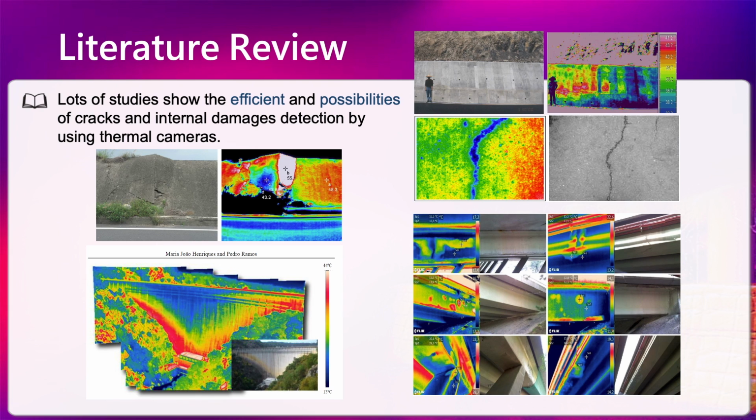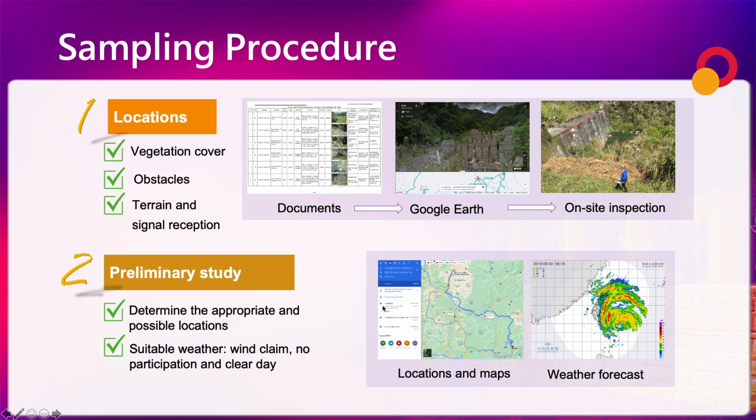And we also found a case using thermal images to help inspect the defects of the concrete along a very old bridge. So in these studies, we try to find out the defects of the concrete structures.